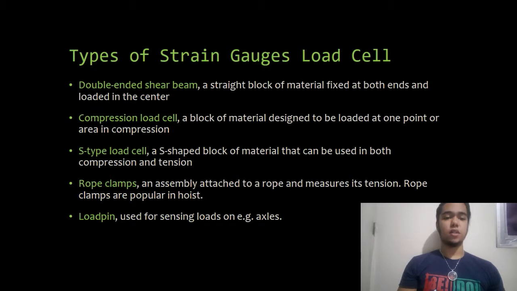A block of material designed to be loaded at one point or area of compression. The S-type load cell, an S-shaped block of material that can be used in both compression and tension. Rope clamps, an assembly attached to a rope that measures its tension. Rope clamps are popular in hoists. Load pin, it is used for sensing loads, for example, axles.